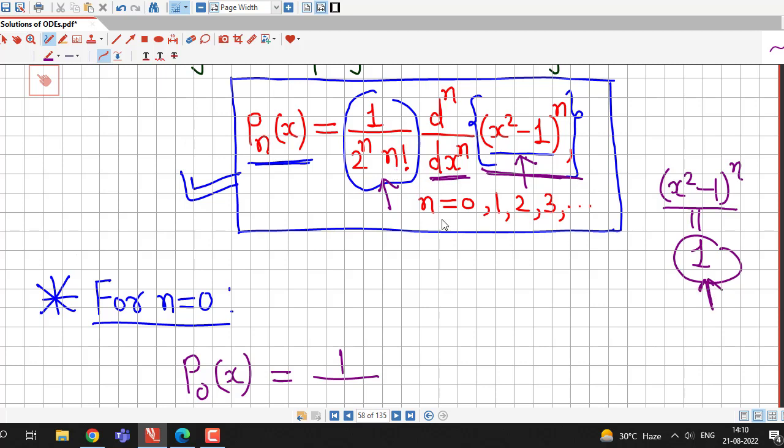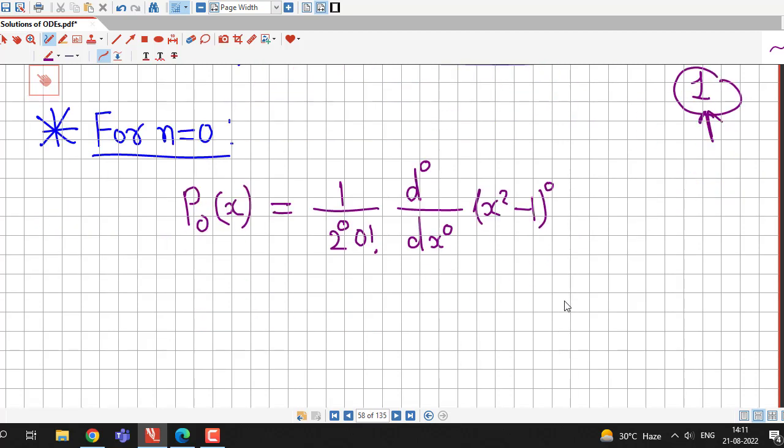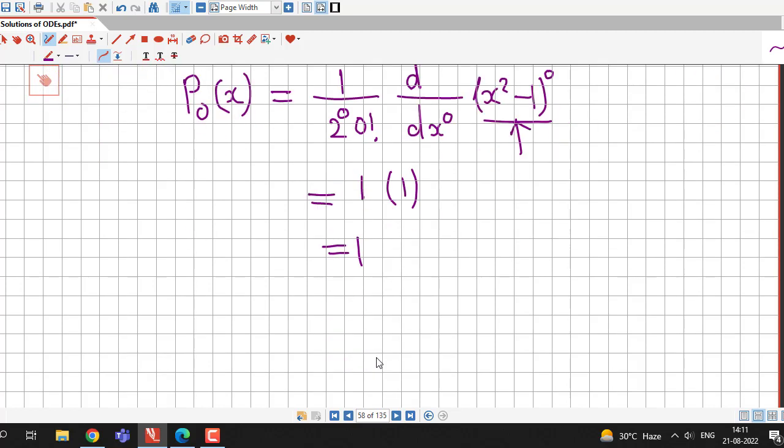So I have 1 over 2^0 into 0!, and the 0th derivative of (x^2 - 1)^0, which is 1. So we obtain P0(x) equal to 1, and we have seen that the Legendre polynomial of degree 0 is nothing but 1.